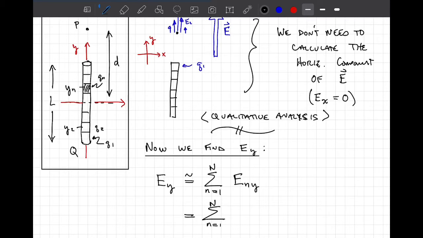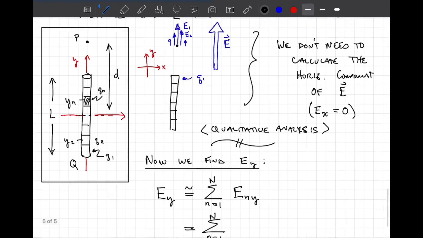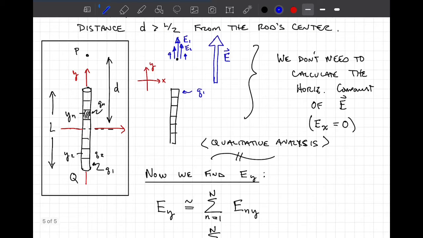So the y component of the electric field at point P, well, I can draw that. So this is going to be En. This is going to be the electric field due to my nth chunk here. And what is that going to be? Well, it's going to be positive because my y-axis points this direction.